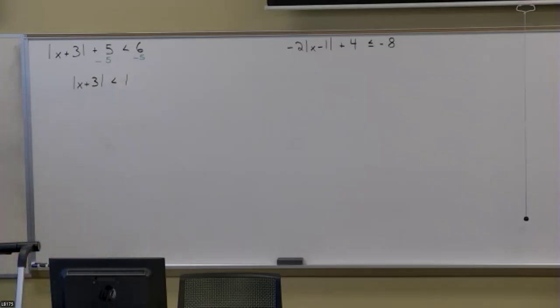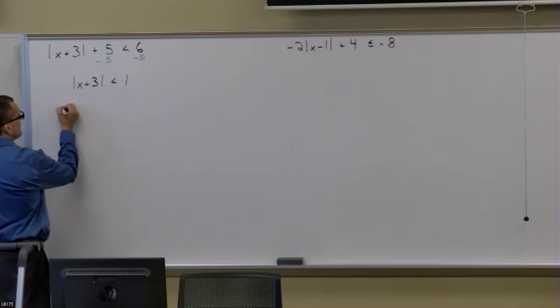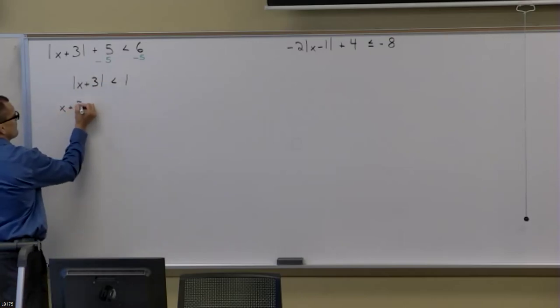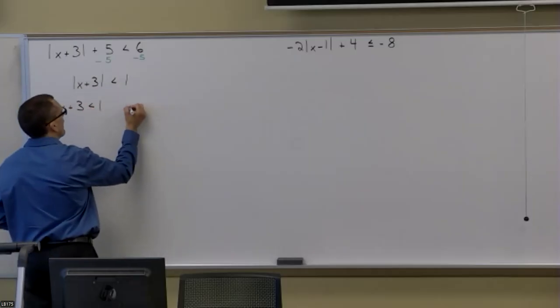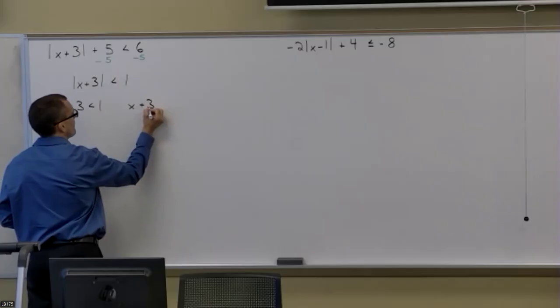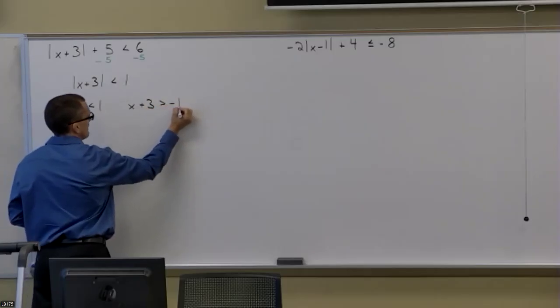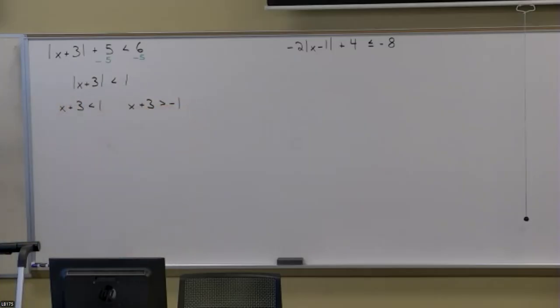And then, since we have a positive number on the right side in this case, we can say that x plus 3 is less than 1 and x plus 3 greater than negative 1. So we use 1 and negative 1, and then we flip the sign when we use the negative 1. That's like multiplying both sides by a negative.